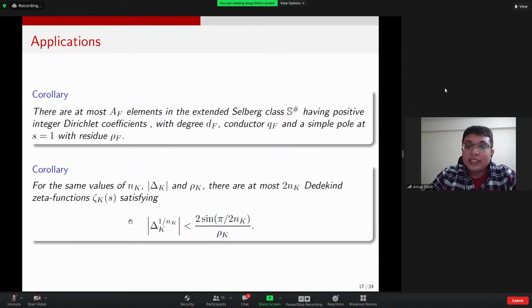Somehow employing this would give us some kind of a bound on the class number, because we will get how many such partial zeta functions are present. However, I'm not presenting it here because it is still baking, and once I have it sorted out, it will probably be available on arXiv. So one would expect to get an upper bound on the class number using this method.